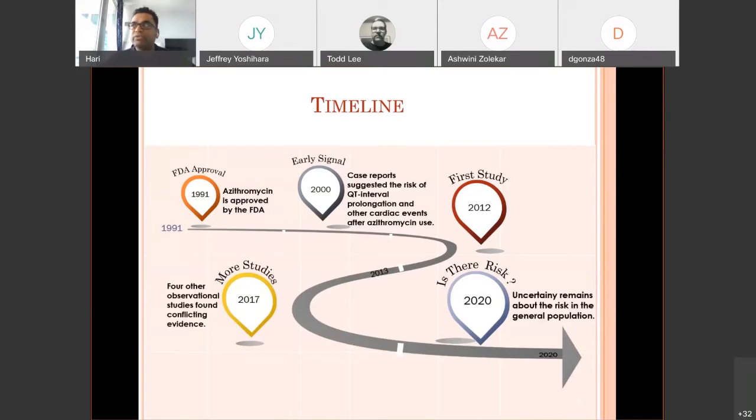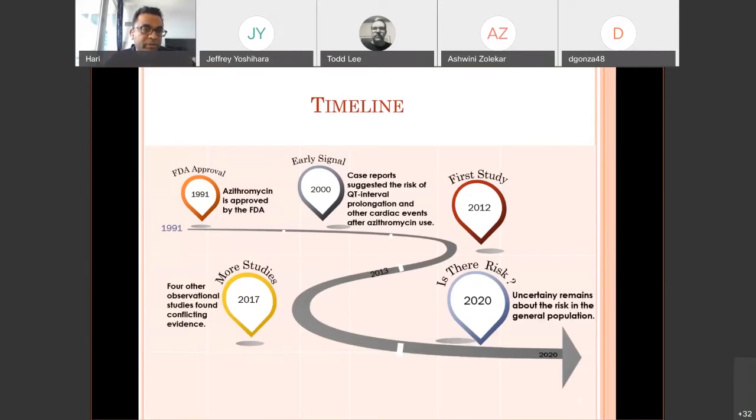Here's a slide that shows the timeline of how azithromycin was linked from an evidence perspective. Like I said, first it was approved in 1991. And for the longest time, azithromycin was considered to be the safest macrolide in terms of its potential to prolong the QT interval.